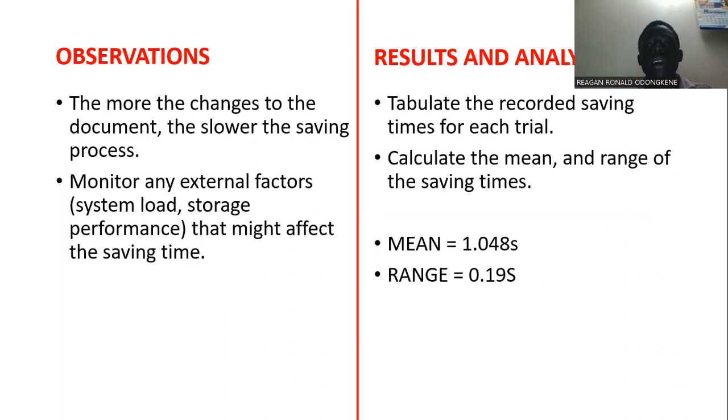Meaning, if I add a lot of new content, the speed at which the document saves is a little bit slower. I also calculated the mean, and monitored external factors such as system load and storage performance. That also affected the results because I was using a hard drive, and that is why the computer was a little bit slow.